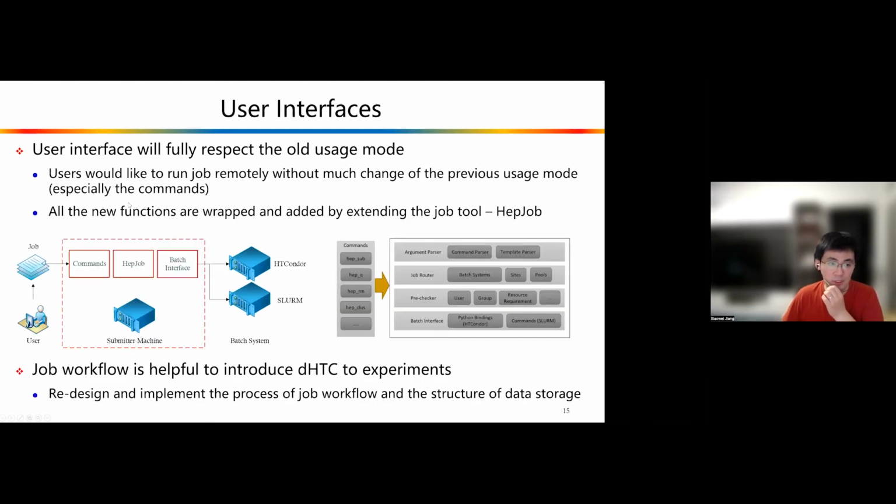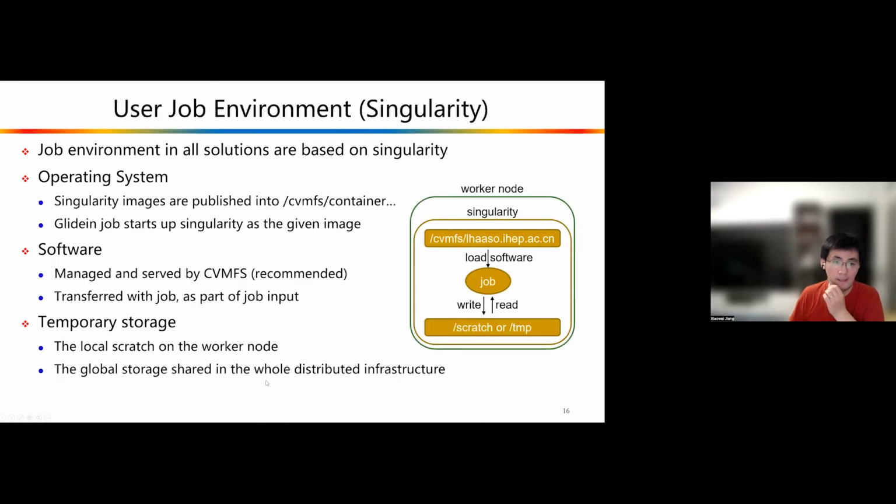So the next part is the user interface. We still use the HEP job to add more functions to fit the dHTC. And we also do some job workflow work for the experiments to help them use the dHTC environment.